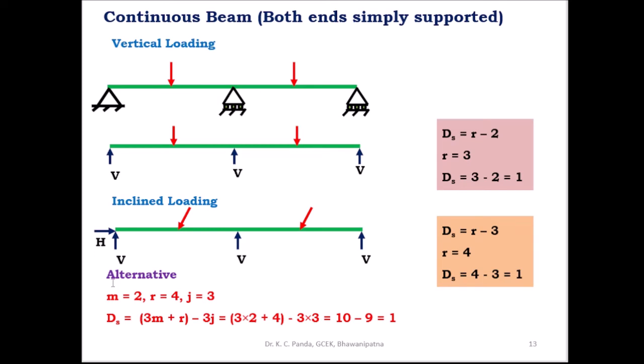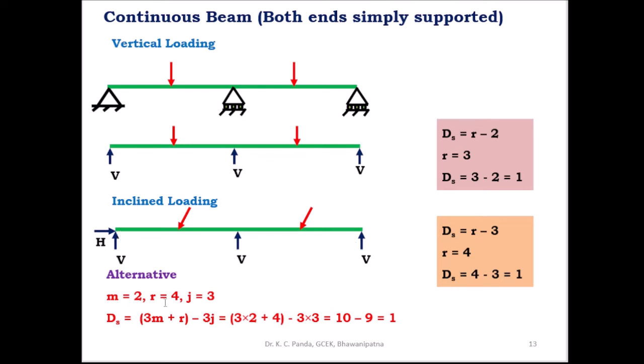Here also you can find it using another formula, ds is equal to 3m plus r minus 3j. So here you have to find the number of members, number of reaction components and the number of joints. When the load is acting in the inclined direction, the number of reaction components is equal to 4, the number of members is equal to 2, and the number of joints is equal to 3.